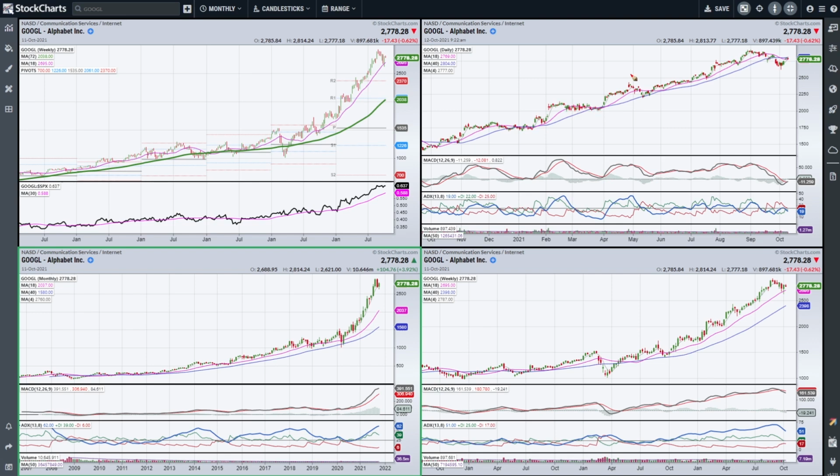I can see that we're making higher highs and higher lows, but I do want to see where trend support is on the higher time frame. So those are the two ways that I would use low ADX, both very powerful tools at helping you identify which stocks are attractive. I think it's a good thing to know. Let's go ahead and get into some stocks and do some analysis.